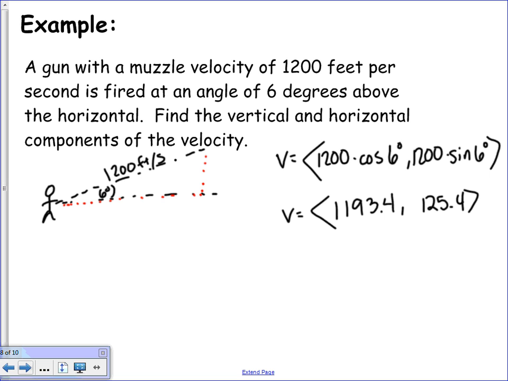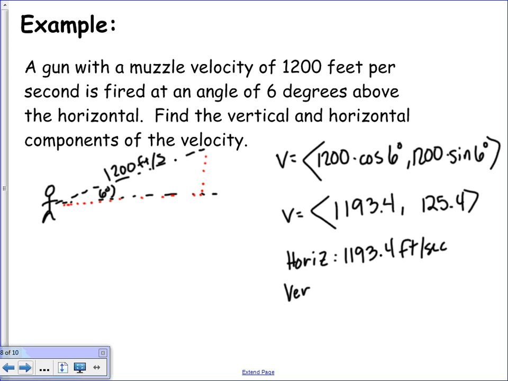So in terms of this problem, remember we do have a label in the problem. If I were going to list out my answer, I would say that my horizontal component is that number, 1,193.4 feet per second. That's the horizontal component of my velocity.